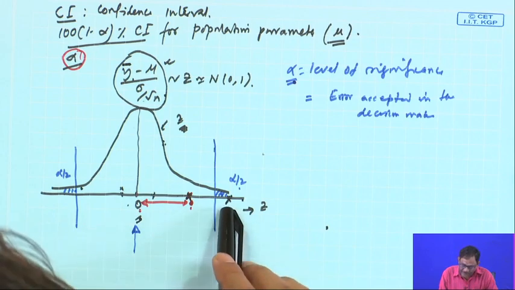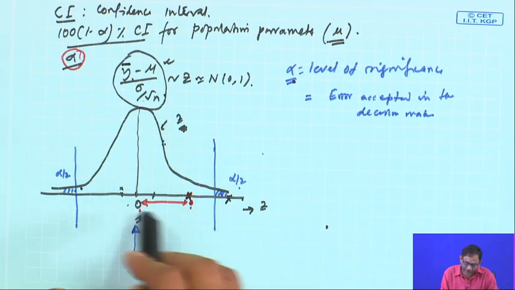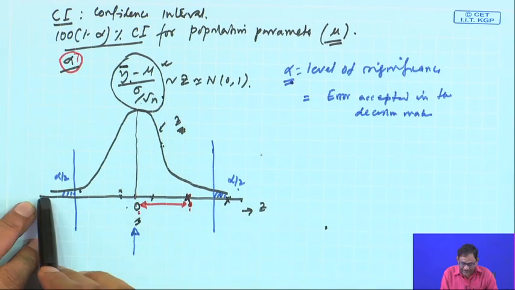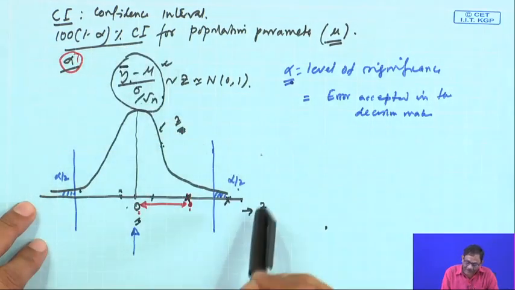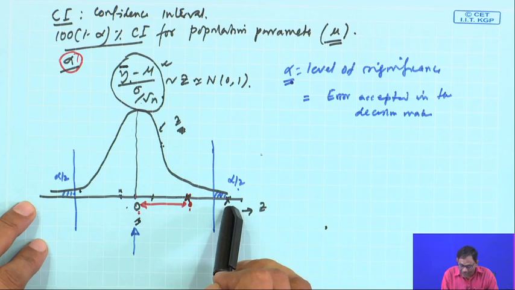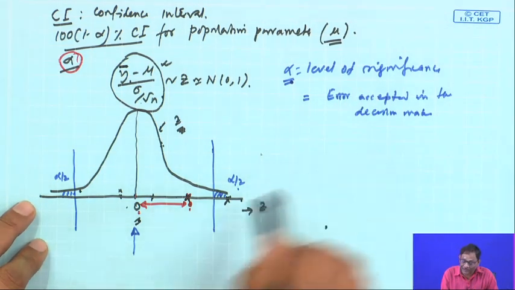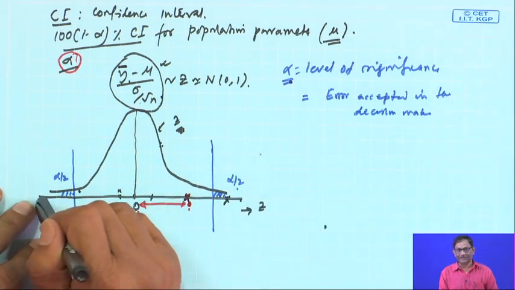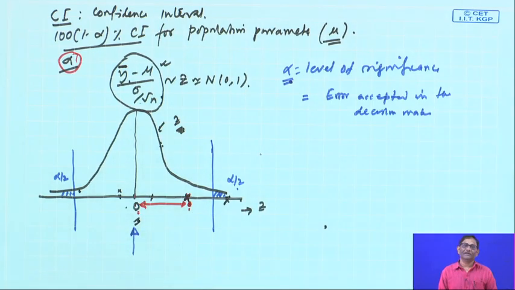You are saying that this value is far away from this, so it is not representative of 0, and you will not accept it. But please keep in mind that this is the Z axis, where any value is possible. So, by not accepting this you may commit an error, and that error is alpha. Either on this side or on the other left side you will commit that error, which is alpha. So, the level of significance is nothing but the error accepted in decision making.